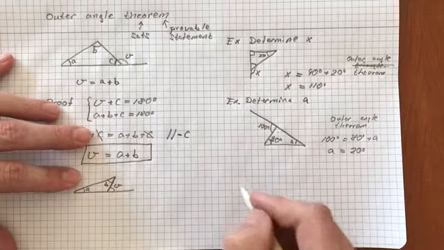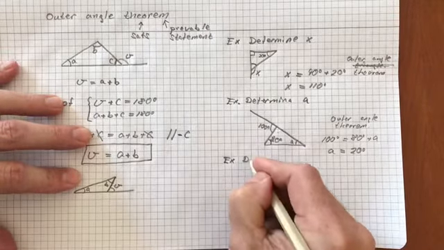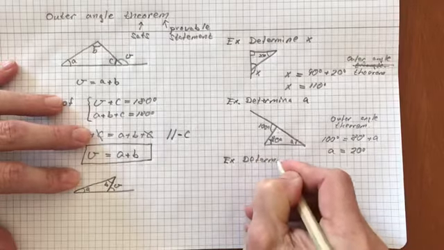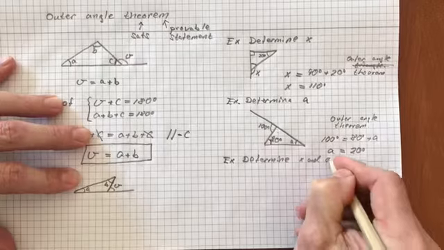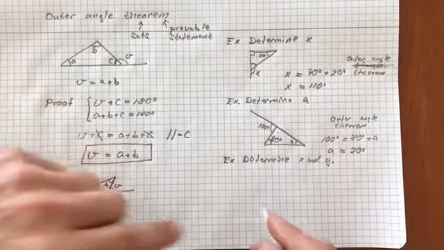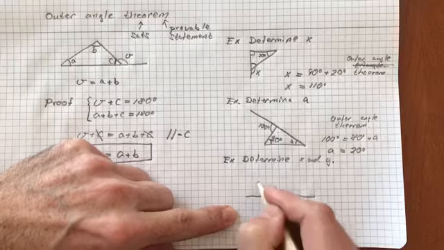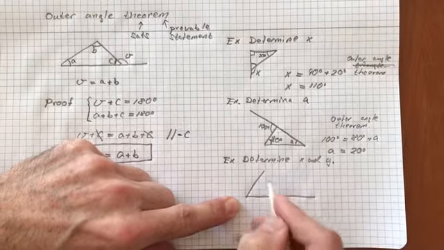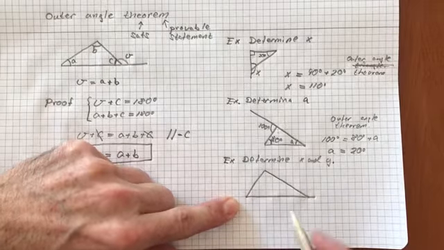Okay, let's look at one last exercise. Determine x and y. And then I draw a triangle like this. Something like this.